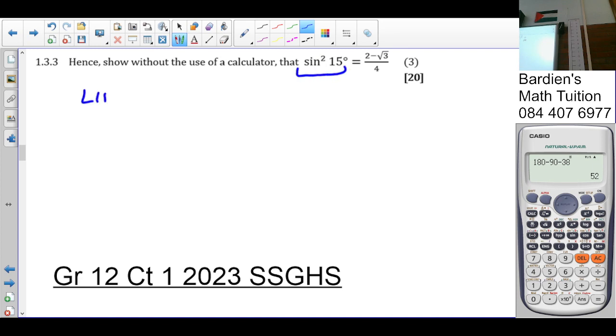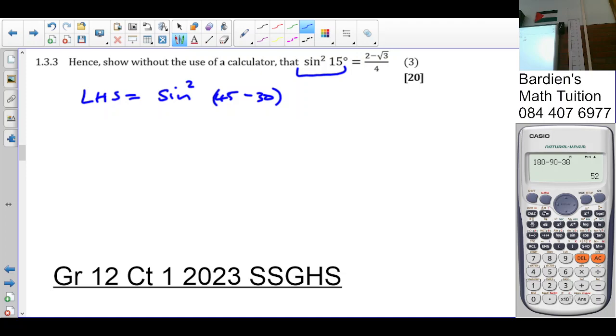So we say the left hand side is equal to sin. Now that's going to give you 45 minus 30 degrees, squared. And why am I using those values is because they are special angles.